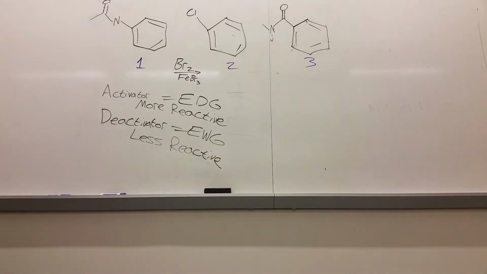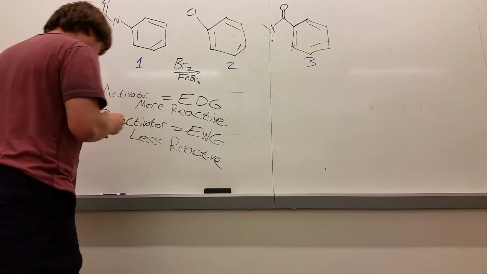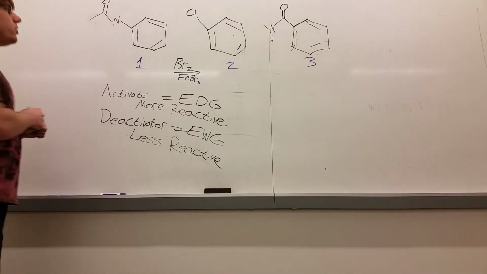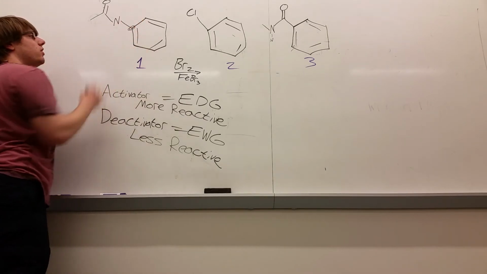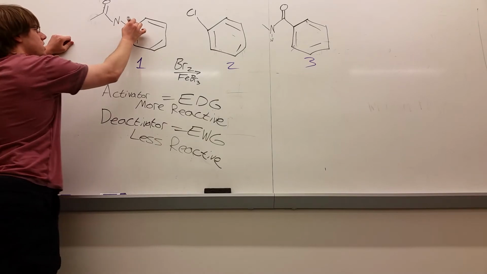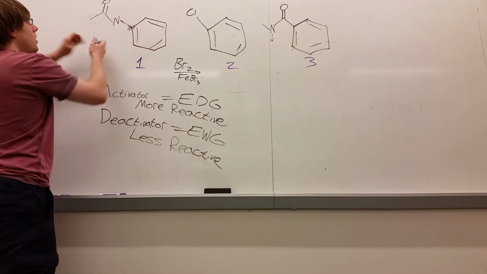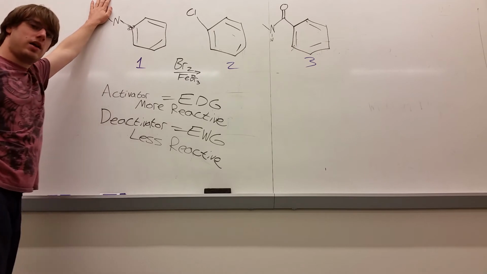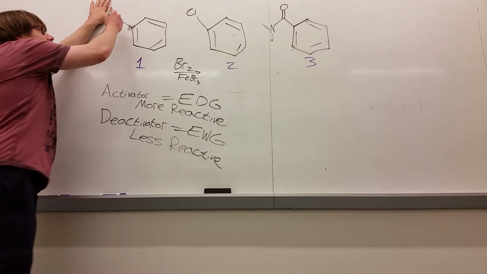So now let's look at these 3 structures. What you want to do is focus on the thing that is single bonded away from your benzene and cover up everything else. So if I look at this going to the nitrogen, I'm going to cover up this because that is not single bonded to the benzene. The nitrogen is.